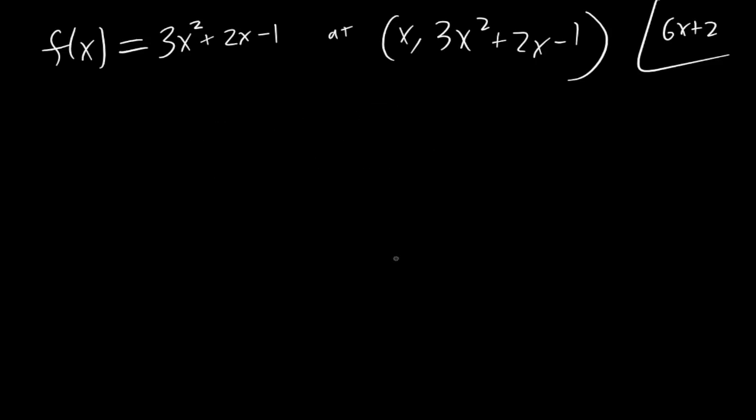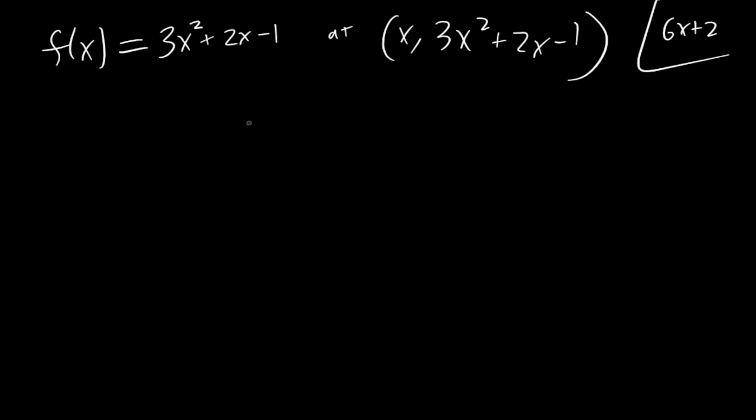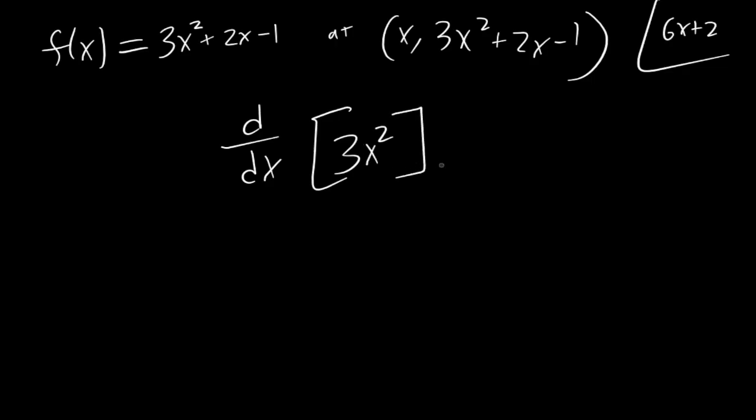Now, as we can see here, we have a coefficient of 3. So let's get 3x squared. What's the derivative of 3x squared? The way that we can do this with a coefficient is literally just multiplying it by whatever the n value is, and then doing the same steps. So d over dx of 3x squared is 3 multiplied by n multiplied by x to the power of n minus 1.